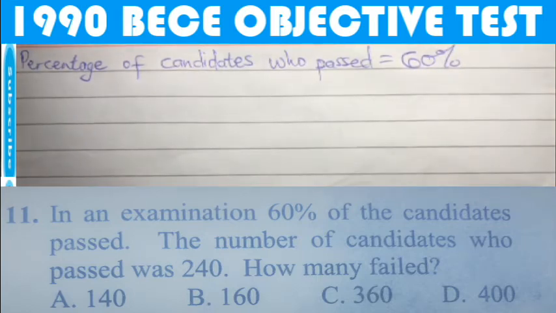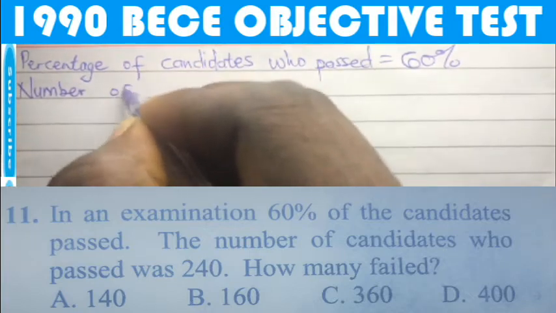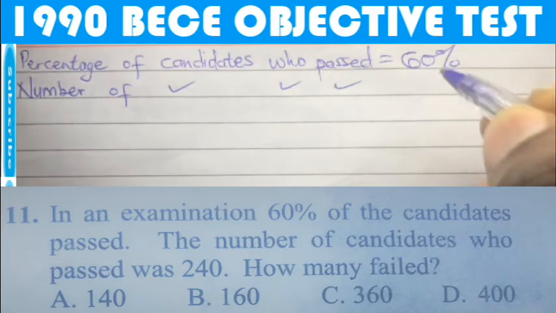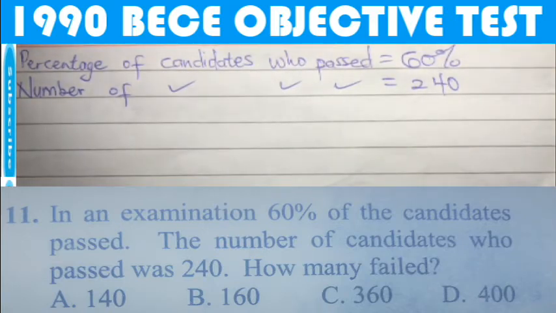So the number of candidates who passed, that is 240 candidates. How many failed? That is the question. So we know the percentage of candidates who passed, and that is 60%. We know the number of candidates who passed, 240.